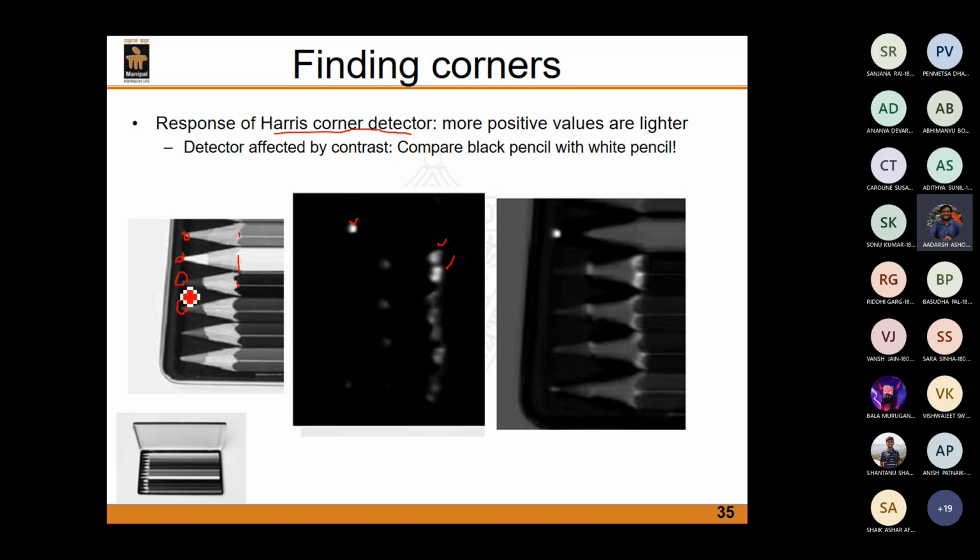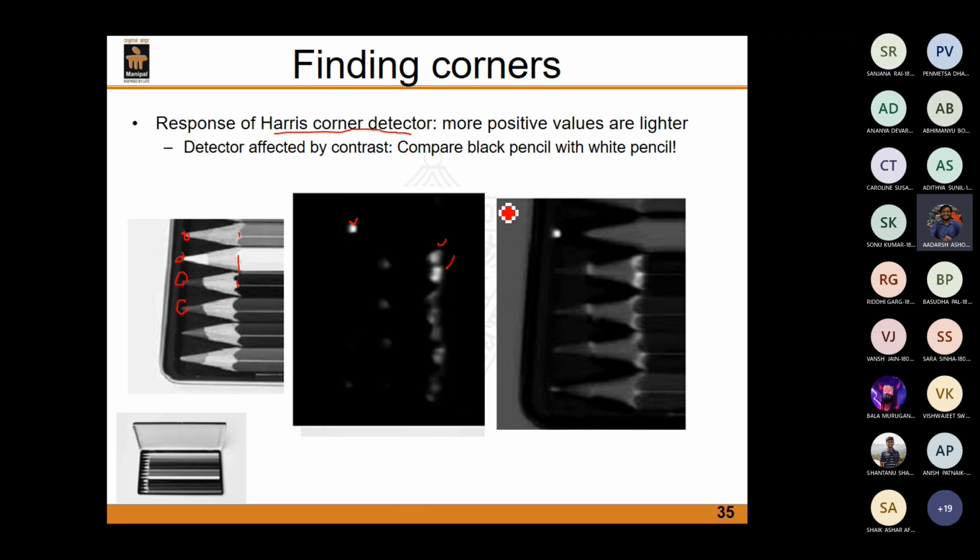Since the Harris corner detector depends on the gradient, the corners may not be detected properly. But if you do have a large difference between the corner intensity and the background, it would be able to detect that properly.